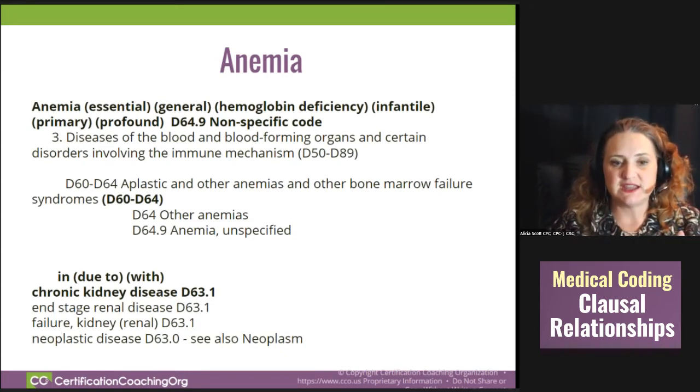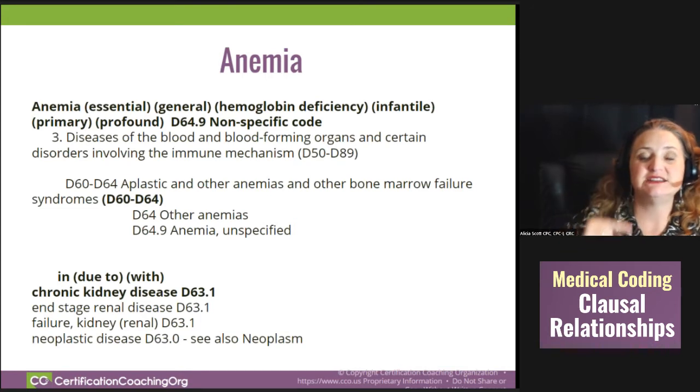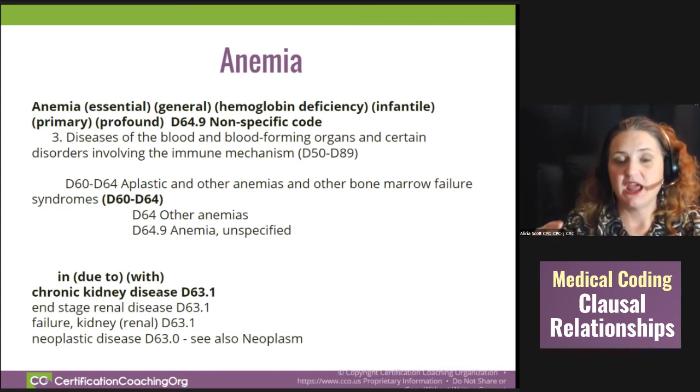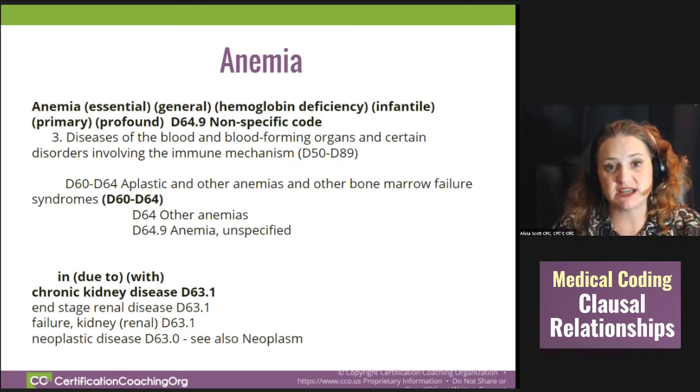So when we look at the index and we're going to look at anemias, the next thing that I look for is if there is a CKD, anemia with CKD, right? And how that's lined up in the index is going to be very, very telling.